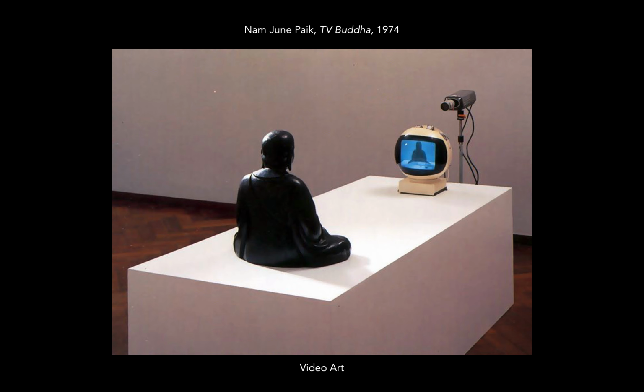This one's called TV Buddha, and it's a closed circuit television loop, right? So it's a statue of Buddha. The Buddha is being recorded by this Portapack, by this early recording device, and then the image in real time is appearing on this television screen, right?